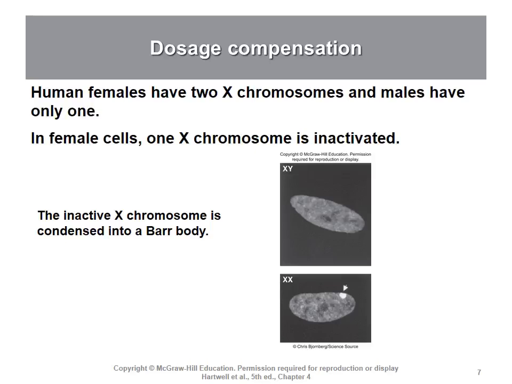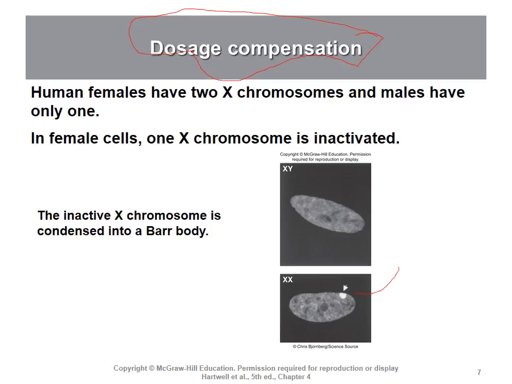So one phenomenon that is related to the difference in X chromosome number between males and females is called dosage compensation, which means that the X chromosome dose has to be balanced or equalized between males and females, because males and females have different X chromosome numbers.